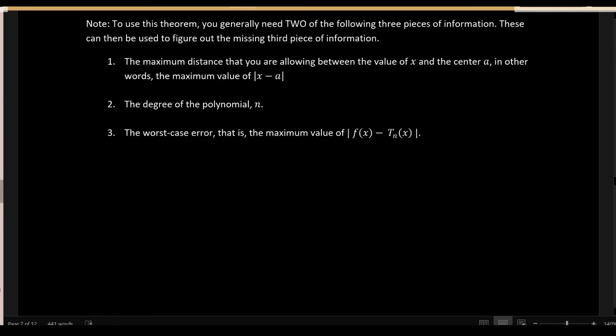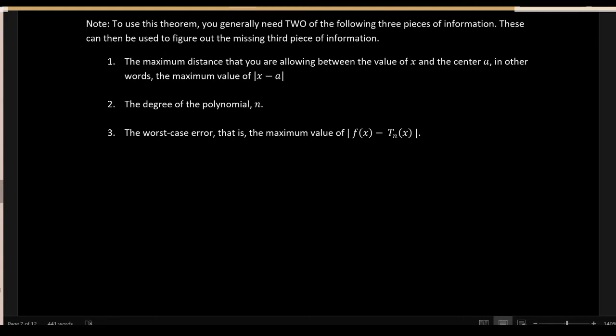Now in practice, to actually make use of this theorem in any particular application, there can only be one unknown quantity in that given inequality in the theorem, which means that you need at least two. Generally speaking, you're going to have exactly two of the following three pieces of information, and then you can use those to figure out the missing third piece.